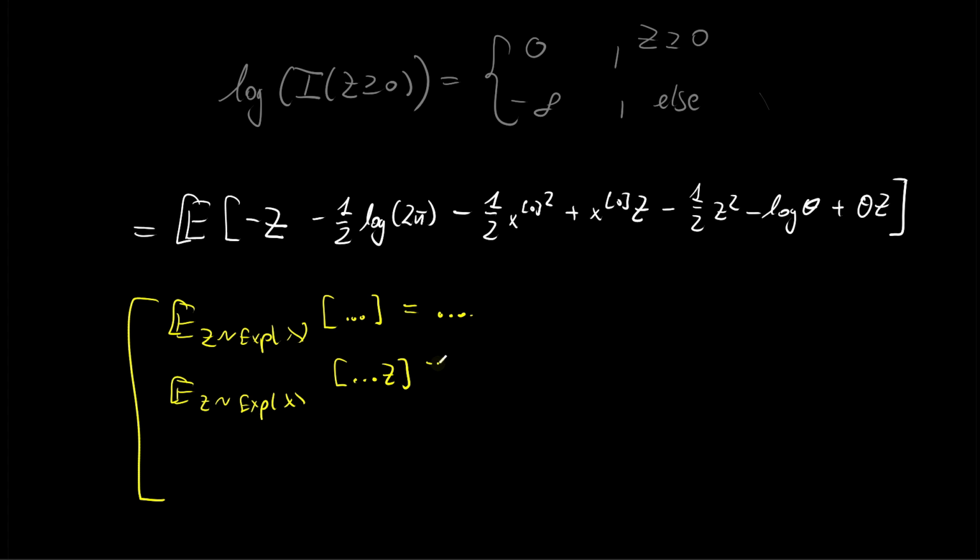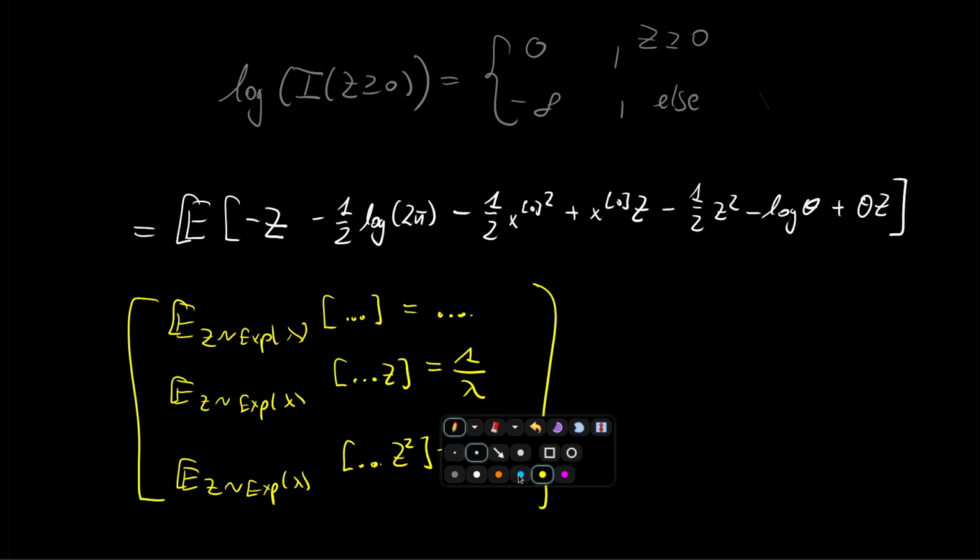If there is only one Z in there, it is going to be 1 divided by lambda. And if there is a Z squared, it is going to be 2 over lambda squared.